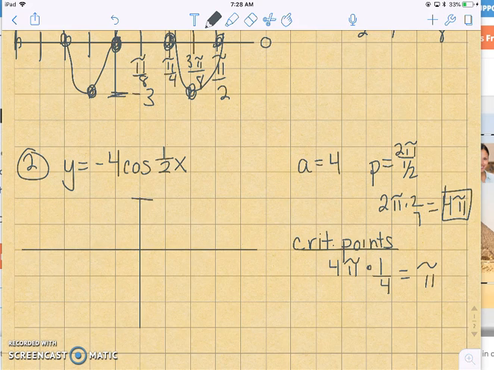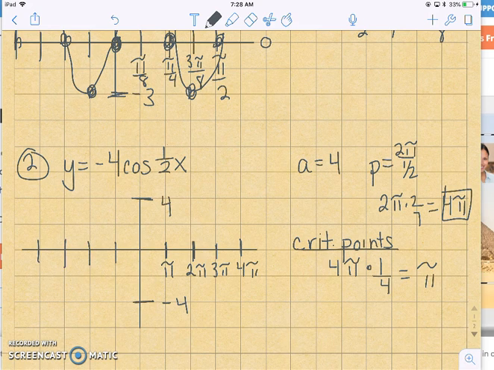So we have an amplitude; I'll just put 4 and -4. Then we have 1 pi, 2 pi, 3 pi, 4 pi. Now it is a cosine, so again think back to our unit circle.